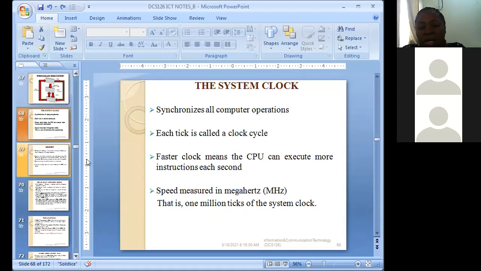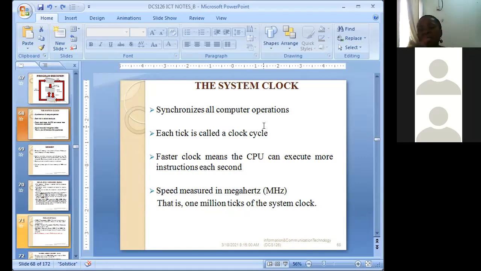Okay. The system clock: every computer has a clock inside it. That clock is called the system clock. It's found inside the system box, or the system unit, or the system case, whichever name you choose to call it. Now, what is the work of this system clock? It synchronizes every operation.